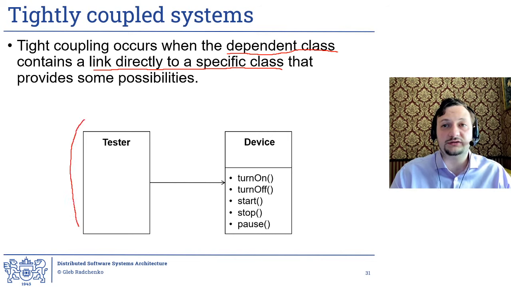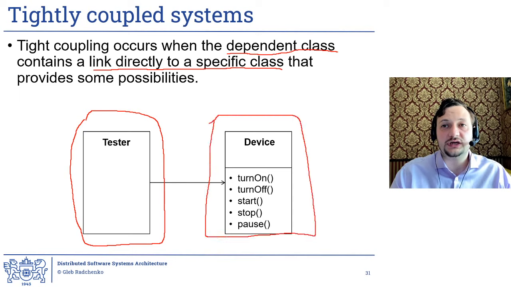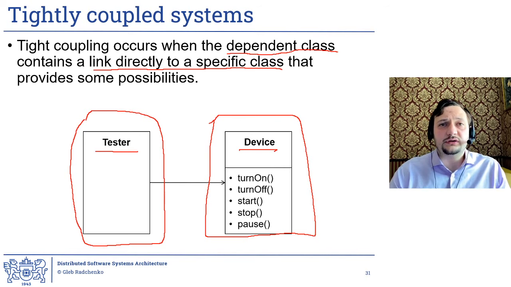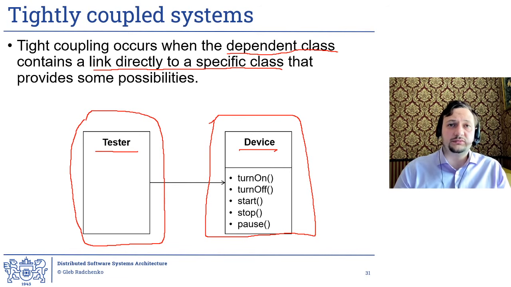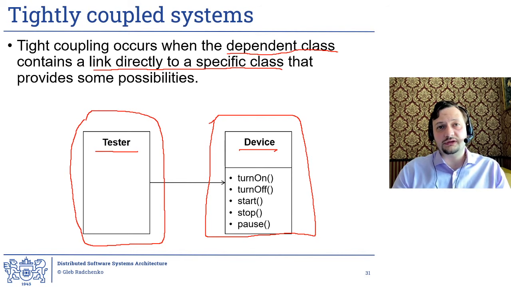So here we see the class that is connected with another class, with a device, and the tester class knows about the public capabilities of the device class. That's very good if you create a very small system and you do not plan to make this system scalable enough.